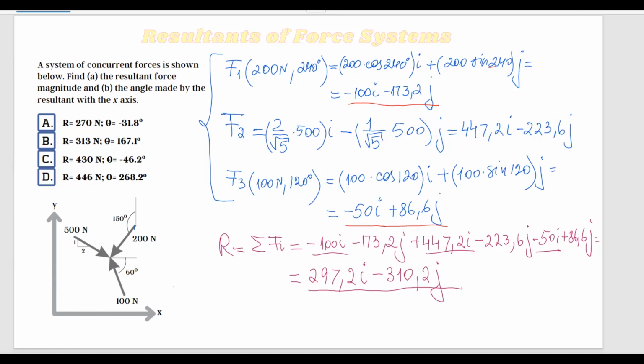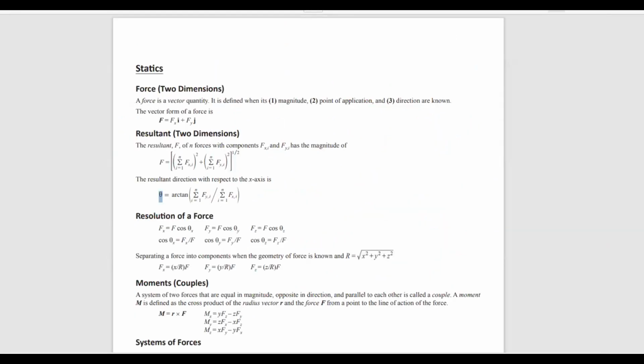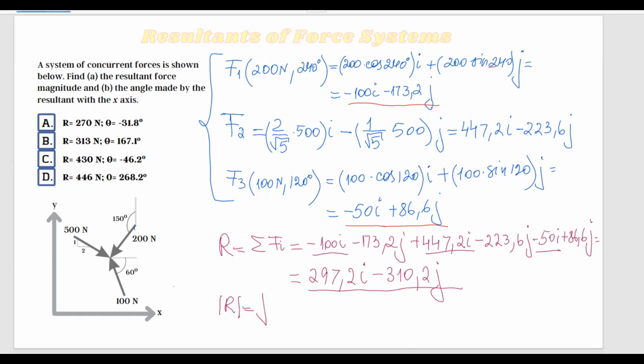And in order to calculate the magnitude, also given in the FE handbook, is the square root of each component squared. So I will have the square root of 297.2 squared plus minus 310.2 squared equals, let's do this.